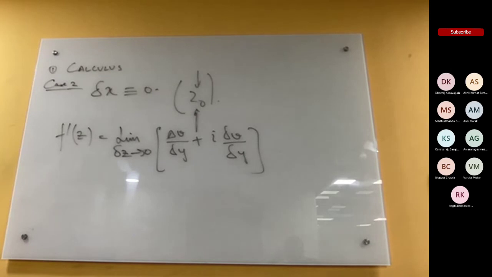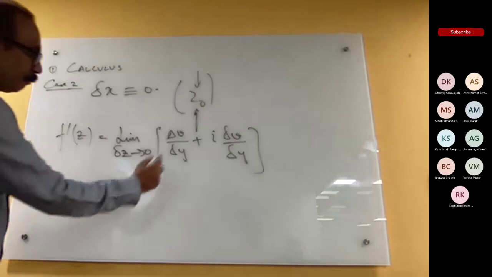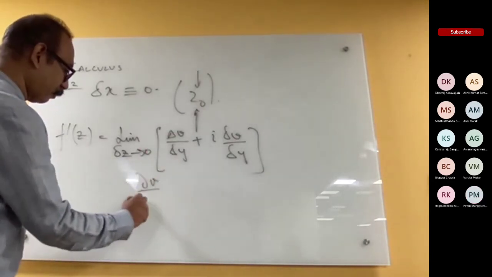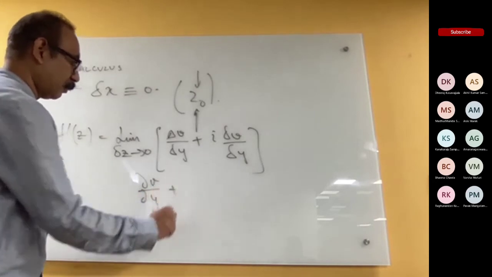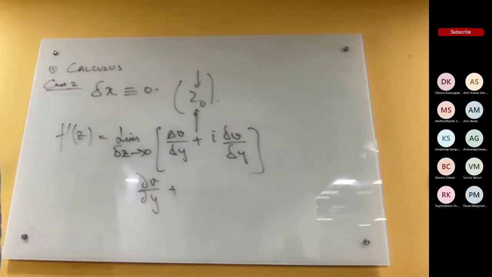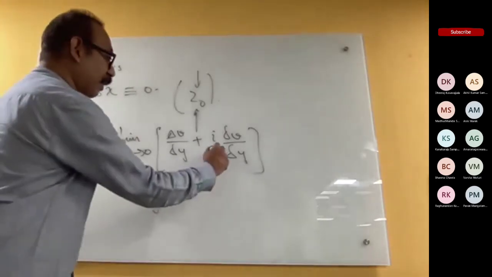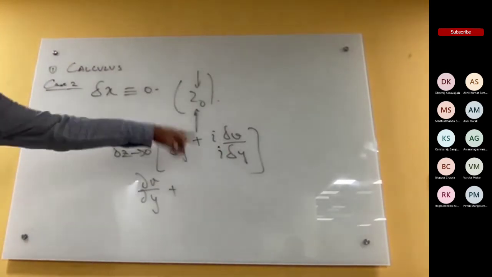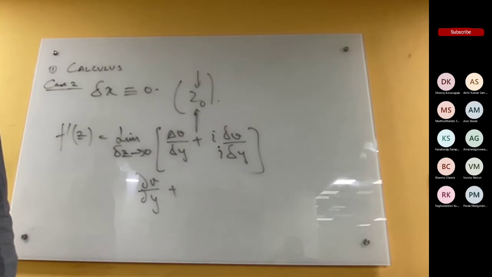So you get the partial derivative with respect to y. It will come like something like this, the partial derivative of v plus whatever. You multiply by i by i. This will have i squared here, not in the previous case, but in this case, because you are doing it with respect to y.